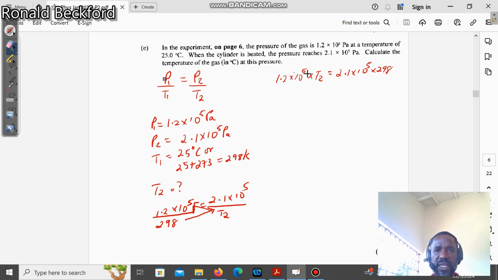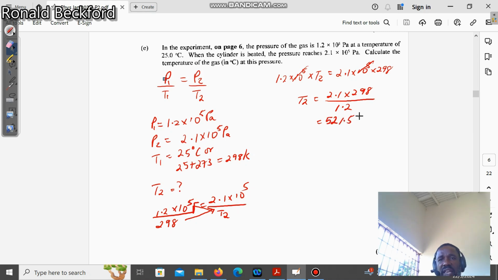The 10 to the 5 will cancel on both sides. So T2 equals 2.1 times 298, and since the operation with the 1.2 is multiplication, when it crosses the equal sign it becomes division, so divided by 1.2. Doing that, we have a temperature of 521.5 Kelvin, because remember, we're talking about Kelvin.